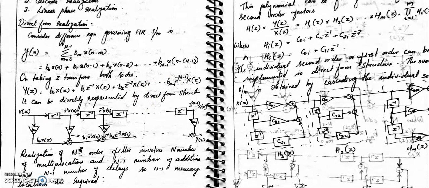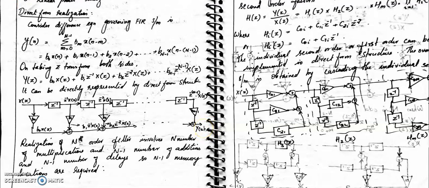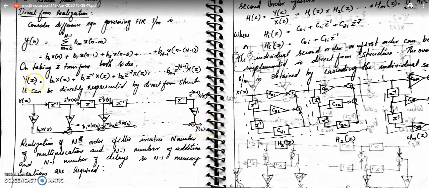In the direct form structure, you can directly represent that equation. On the left hand side, you have x of z, and on the right hand side, you have y of z, the output. y of z is equal to, first, b0 x of z. That is, I multiply x of z with b0.